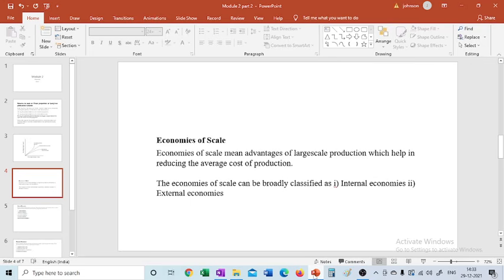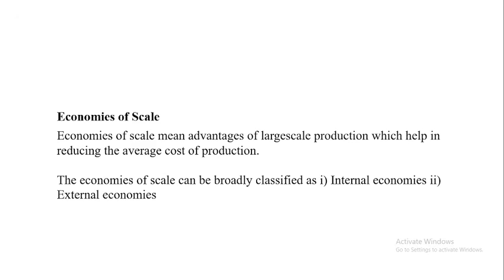Then what are economies of scale and what are diseconomies of scale? First of all, we will analyze economies of scale. Economies of scale mean the advantages of large scale production. When you are producing on a large scale, that will help you to reduce your average cost of production.